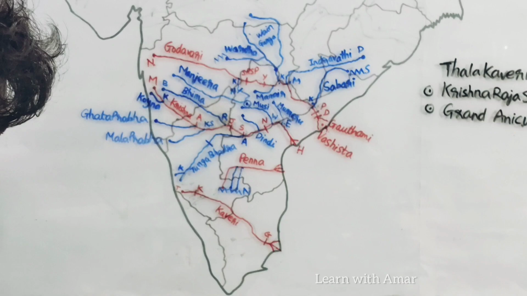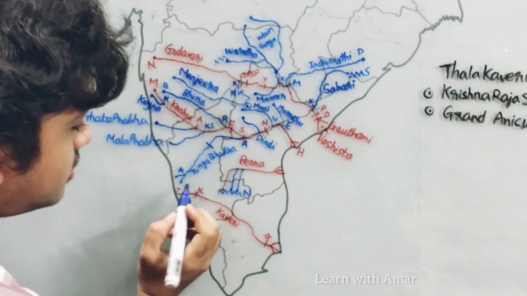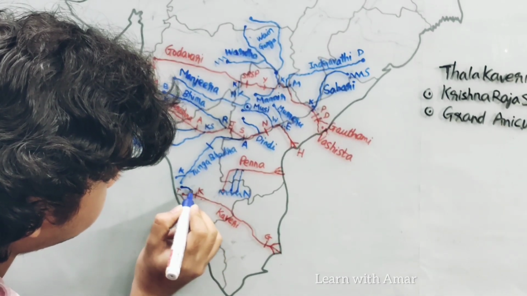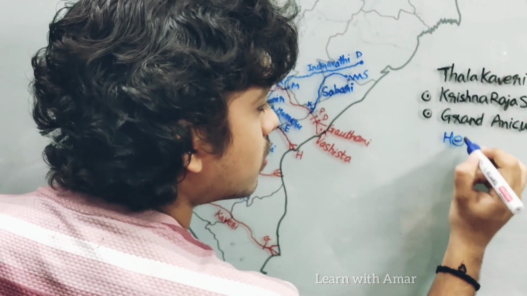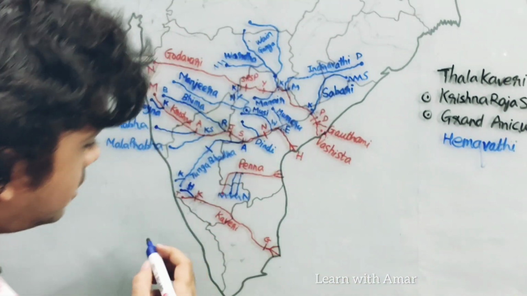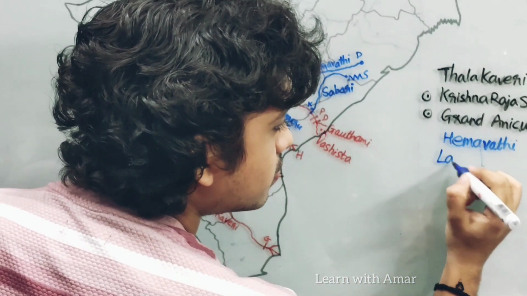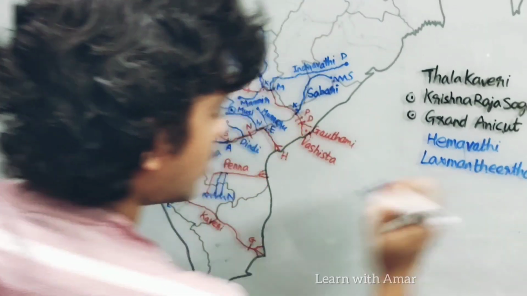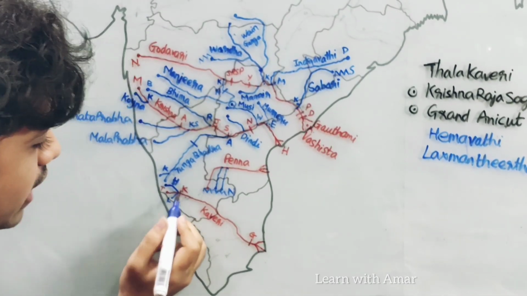Now let's look at the tributaries. We begin with this. This is Hemavati, and we have Lakshman Tirtha. Both of them originate in the Western Ghats and join the Kaveri near the dam Krishna Sagar.